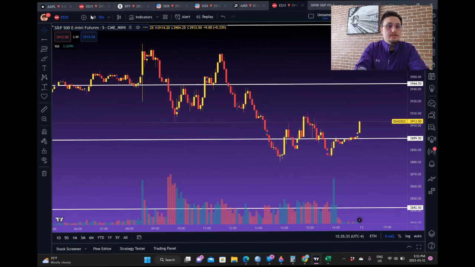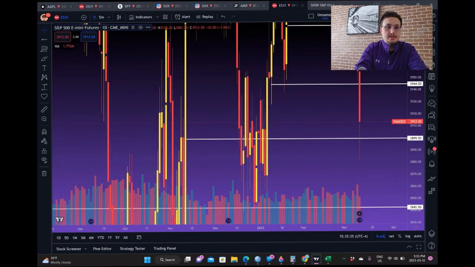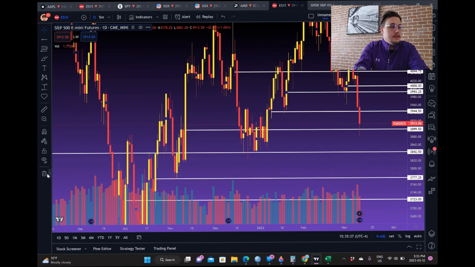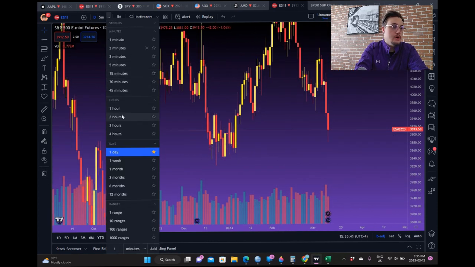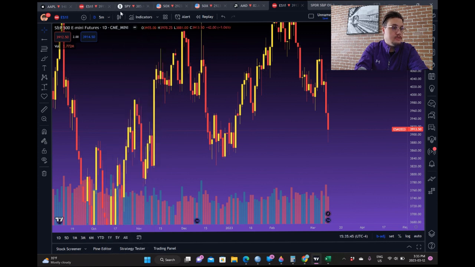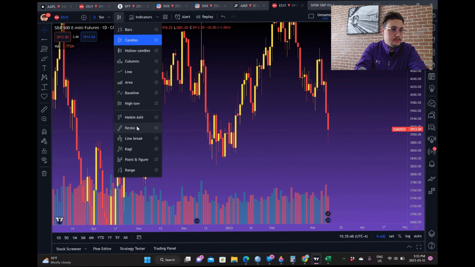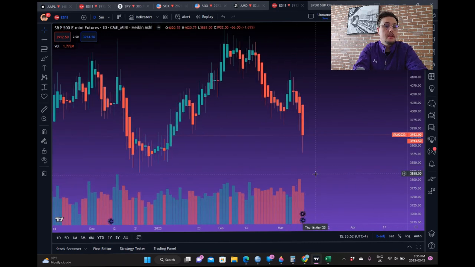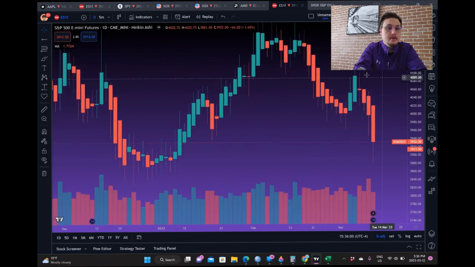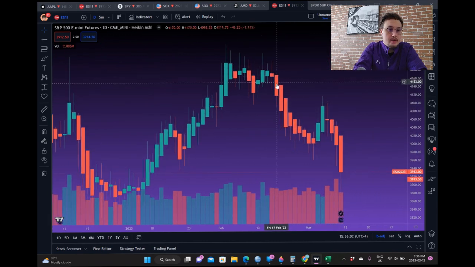So another little trick that you can do with Heikin-Ashi candles is, on the daily, so if we go back to the daily, and we go back to our Heikin-Ashi candle setup, what we can see here is when we start a downtrend or an uptrend like this, so you see how right here, we started a downtrend.